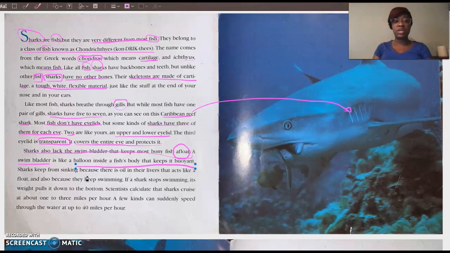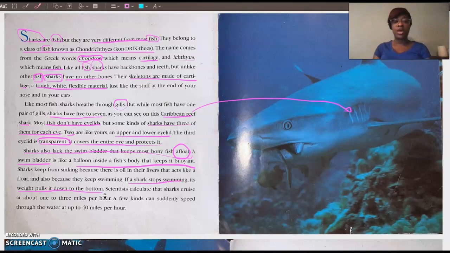Sharks keep from sinking because there's oil in their livers that acts like a float, and also because they keep swimming. If a shark stops swimming, its weight pulls it down to the bottom. Scientists calculate that sharks cruise at about 1 to 3 miles per hour. A few kinds can suddenly speed through the water up to 40 miles per hour.